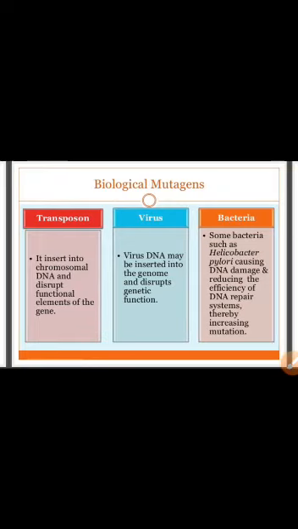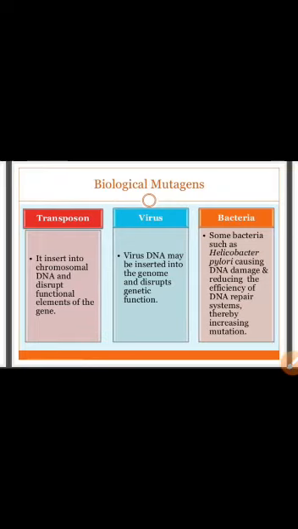Now we talk about the biological mutagens. These are transposons, viruses and bacteria. These are the biological mutagens which we insert in certain microorganisms, and we see a change in their genes. Transposons get inserted into chromosomal DNA and disrupt functional elements of the gene.